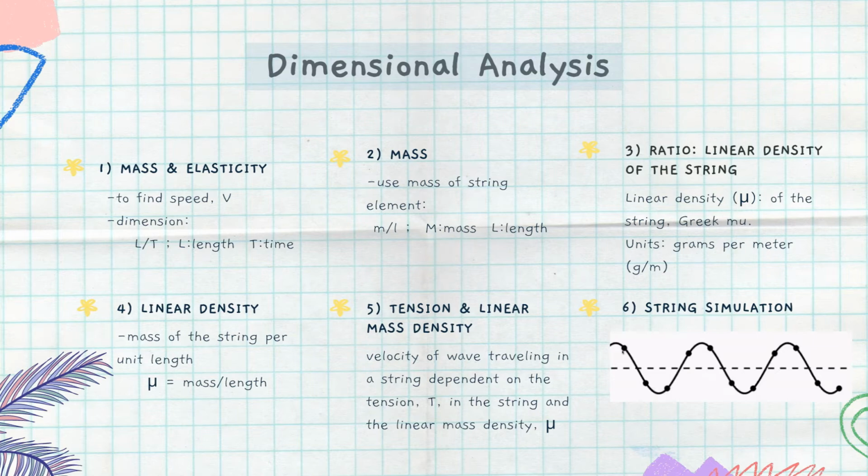Second, mass. We use the mass of a string element, which is the mass of the string divided by the length of the string. Third, ratio. We call this ratio the linear density of the string. Thus, mu is equal to m over L.